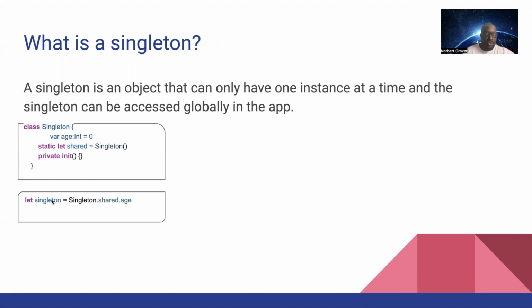That means if you create this on one controller and then go to another controller and do the same thing, you are really referencing the same singleton, the same object, not a different object, but the same one.